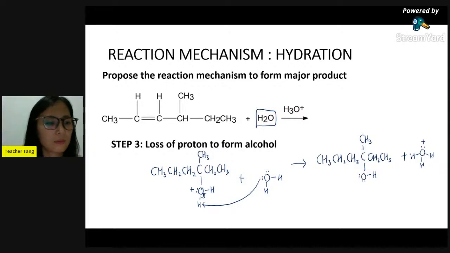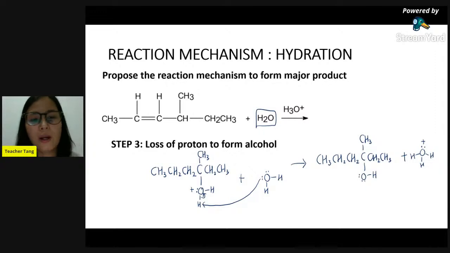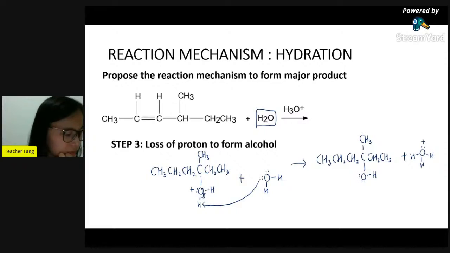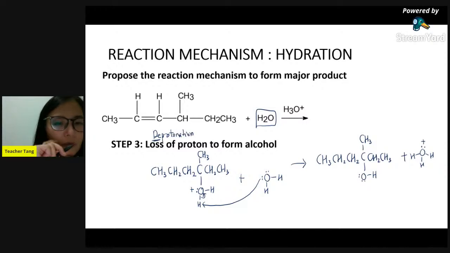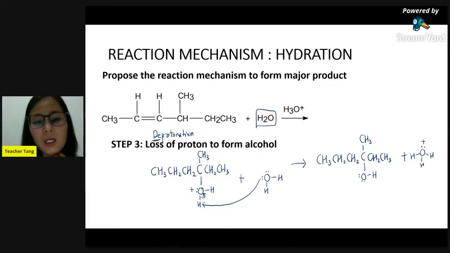Okay, so we have seen the two mechanisms, hydrohalogenation dengan hydration. Yeah, so step number 3 you can also call it deprotonation. It's the same thing. Sebab D means that you remove, you eliminate. And here you eliminate the hydrogen ion from the protonated alcohol.